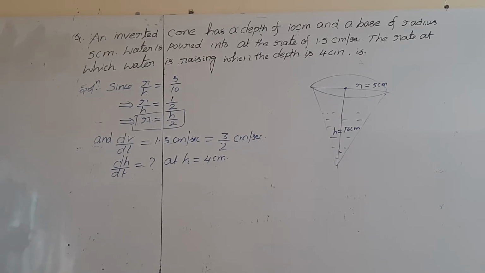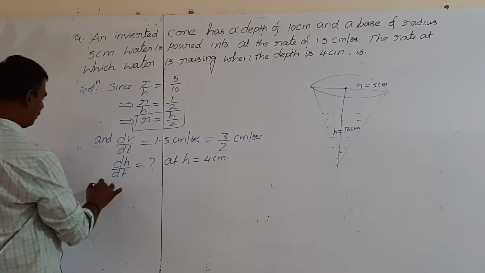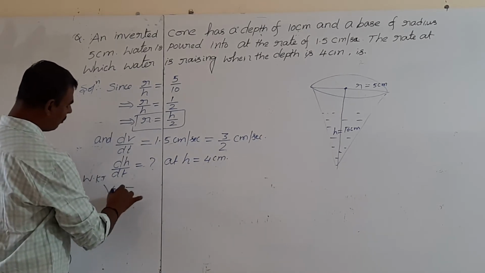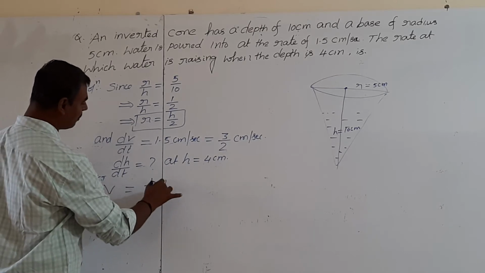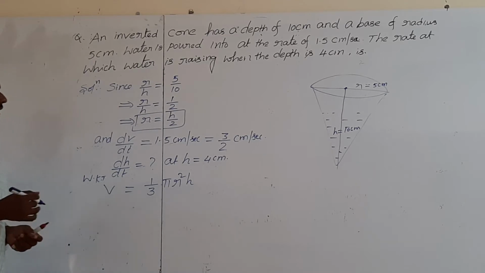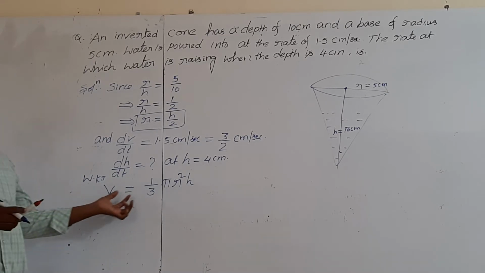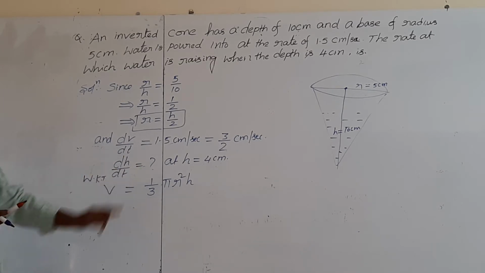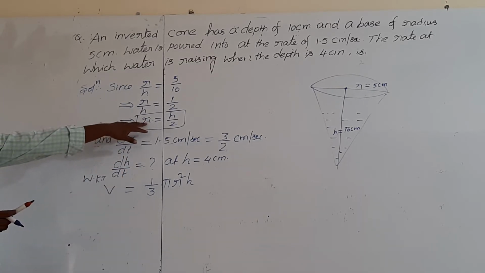Then what is the volume of a cone? Volume of a cone is equal to 1/3 pi r square h. Here how many variables are there? Three variables. To convert into two variables using this formula, r is already given.